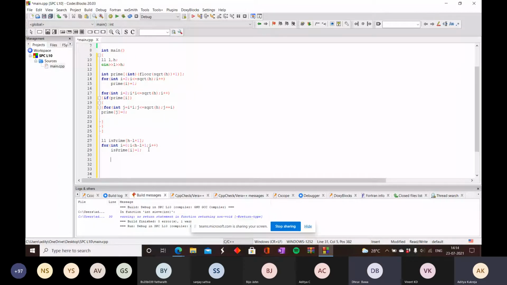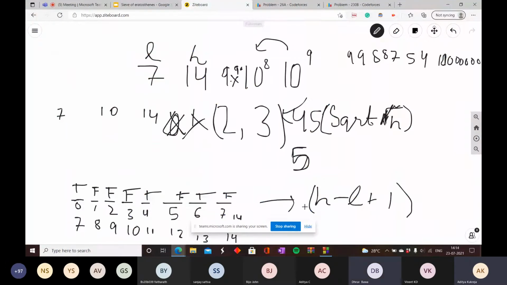Now we have also generated the is prime array. Is prime array represents this one, h minus l plus 1. It represents this array, and your prime array represents this array.